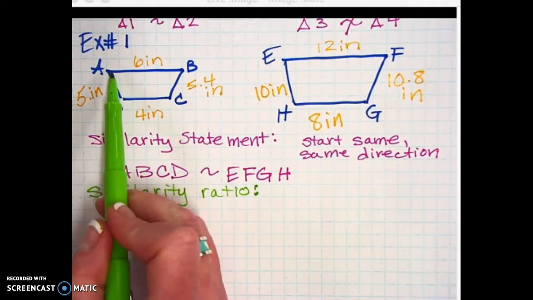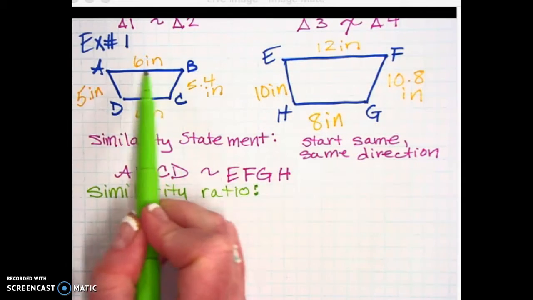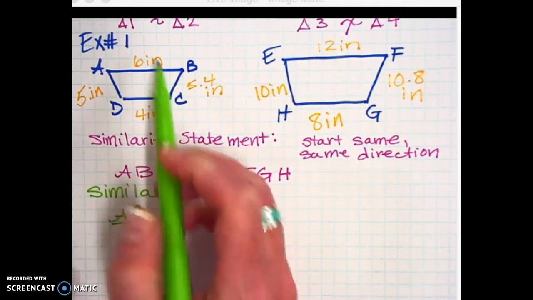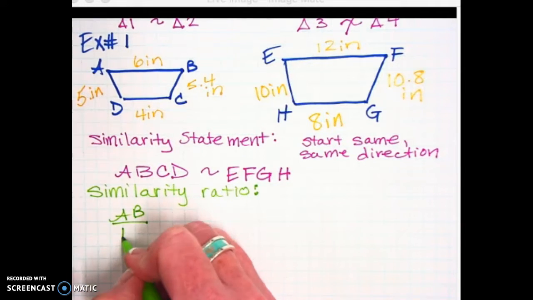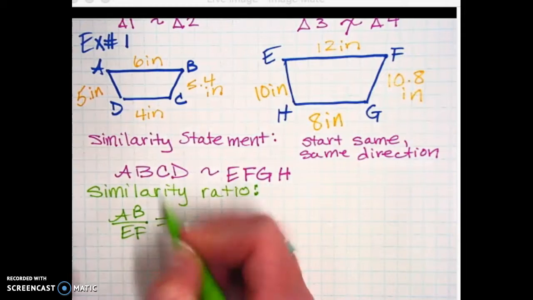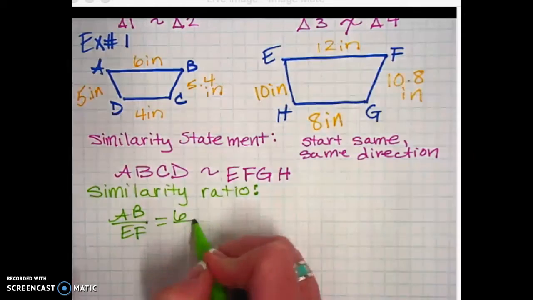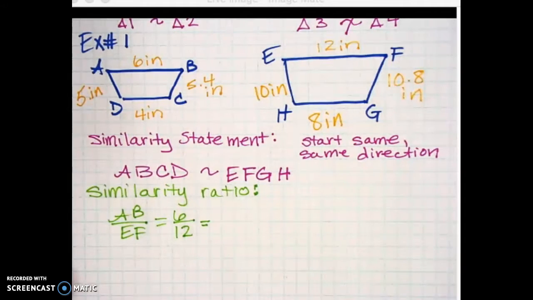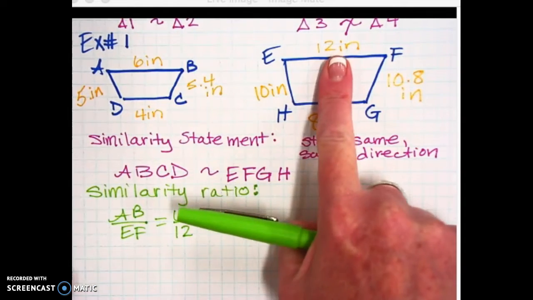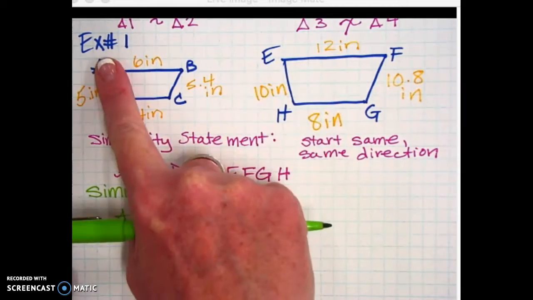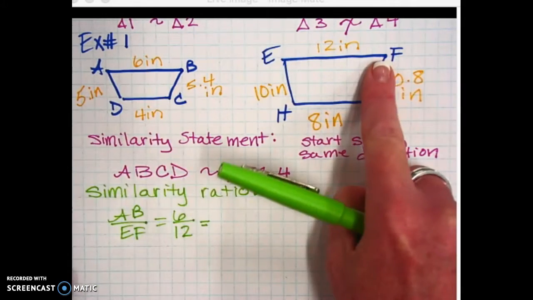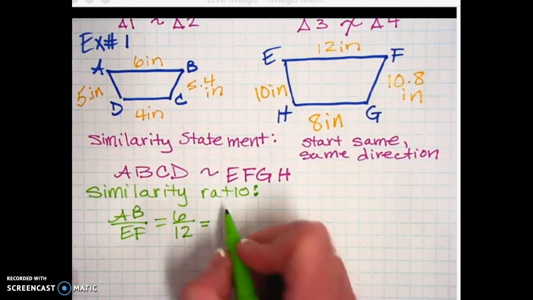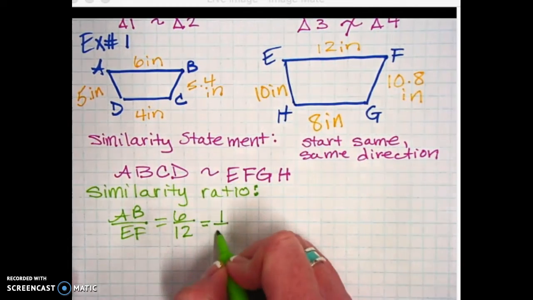So if we start with the figure on the left, we're going to use side AB, and we're going to match it up with side EF. And AB is 6 inches, and EF is 12 inches. So even though from this figure to this figure, you would multiply by 2 to get here, this figure is actually half of this figure. So the ratio is actually 1 to 2.